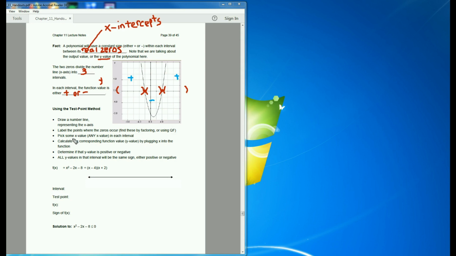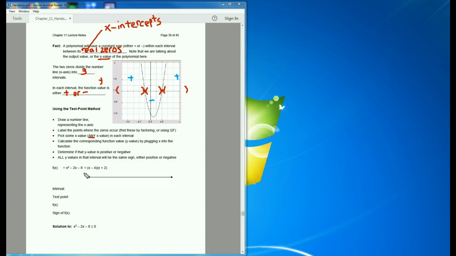Then we're going to pick any x value in each interval, it doesn't matter what number you pick, calculate the corresponding function value, the y value, by putting x into the function, and determine if y is positive or negative. All the y values in that interval will be the same sign. They will all either be positive or negative.